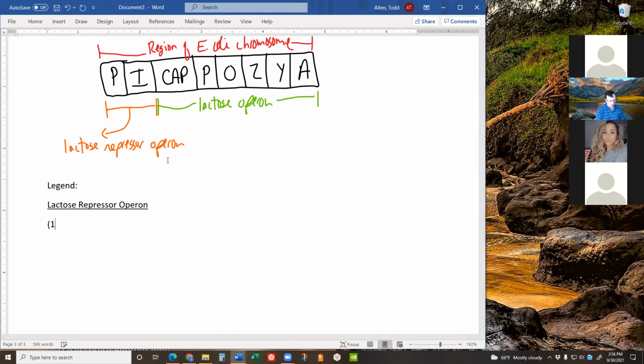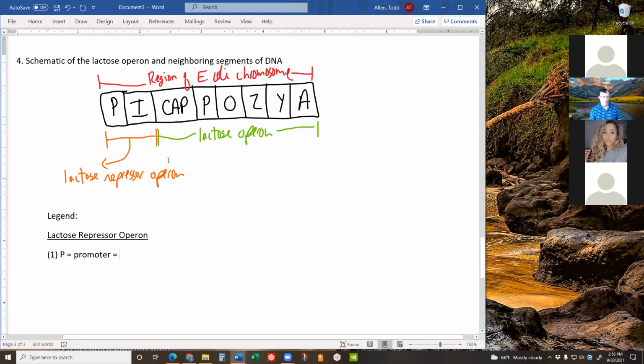Okay, so let me just number these things and say, okay, in the lactose operon, you see that P symbol. The P symbol is for the promoter. Okay, the promoter. Okay, this is, as you recall from our previous conversation 20 minutes ago or whatever, the promoter is the binding site for RNA polymerase.